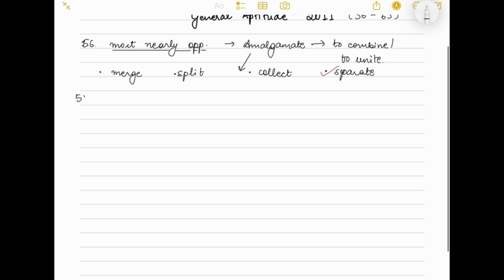Then question number 57: choose the most appropriate word from the options given below to complete the following sentence.